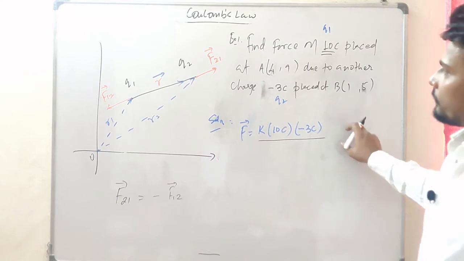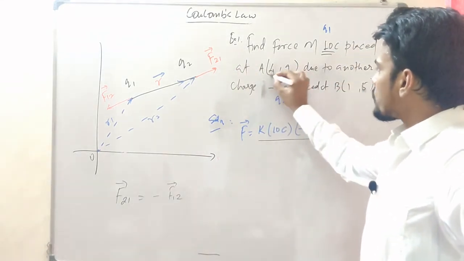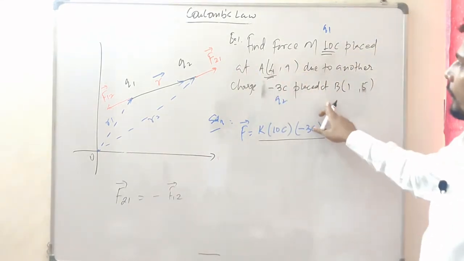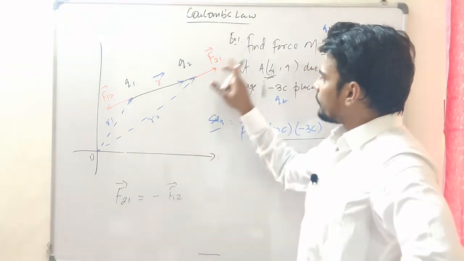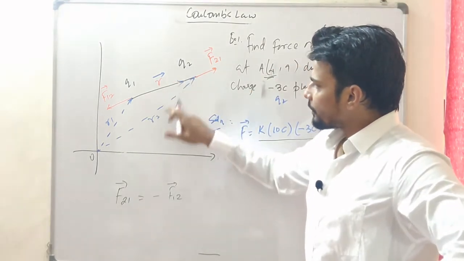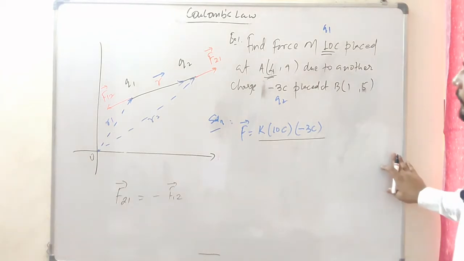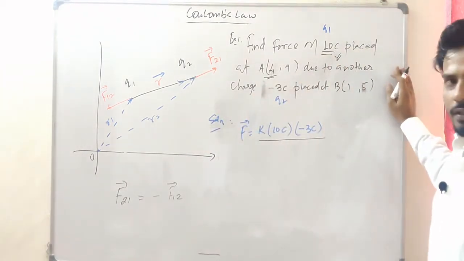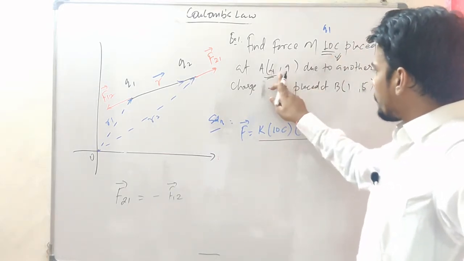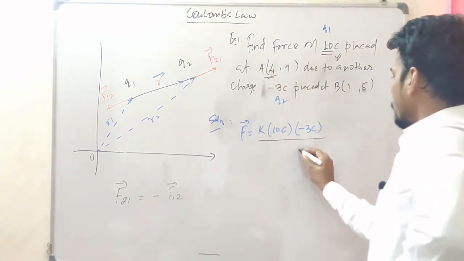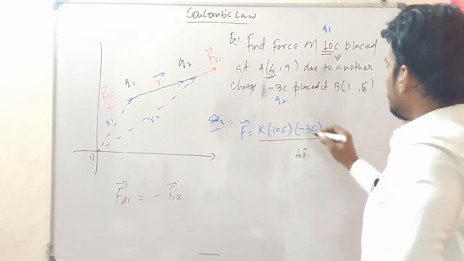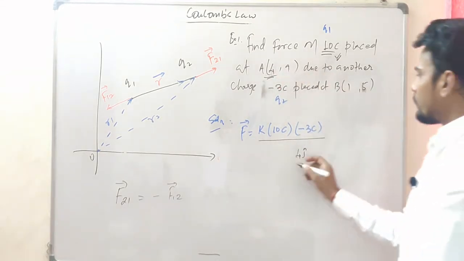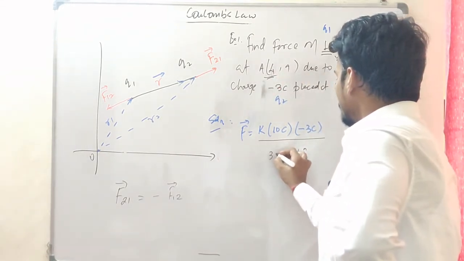If I'm talking about the force on this charge because of this charge, the vector should be pointing towards that. So this should be r2 minus r1, where r2 is the position vector of the charge on which we have to find the force. The position vector of that is how much? 9 minus 5, 4 j cap, 4 minus 1, 3 i cap.